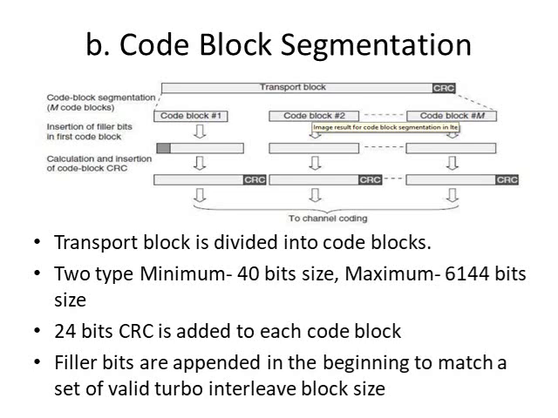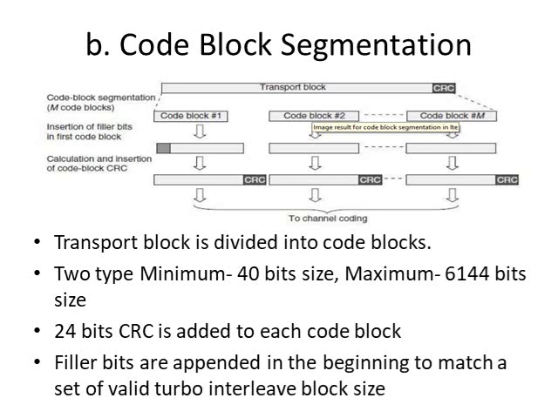Minimum size is 40 bits and maximum is 6144 bits. So we get code blocks of either minimum or maximum size. In code block segmentation, not only does the division of the transport block into code blocks happen, but a 24-bit CRC is also added at the end of each code block.